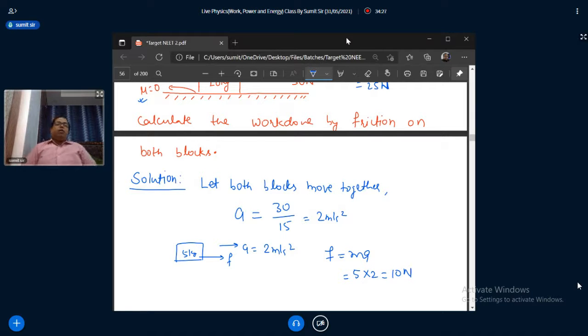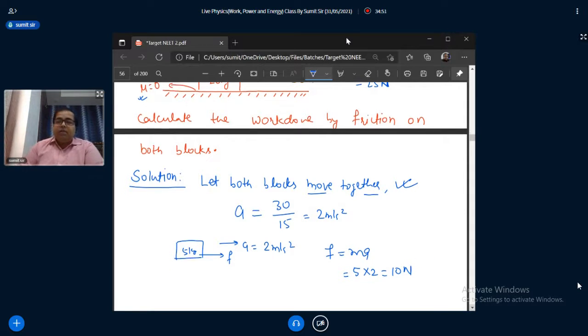So what is the meaning of this? That means there is no sliding between the blocks, and that means they are moving together, and my assumption is correct. If it had more than 10 Newton value, then it would have slid on the surface.